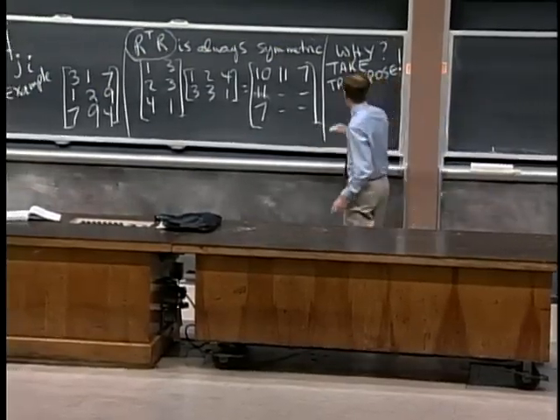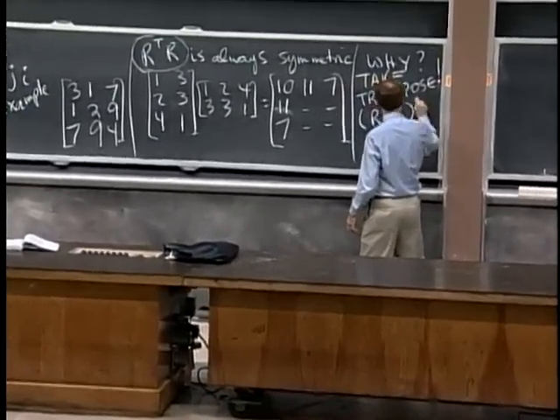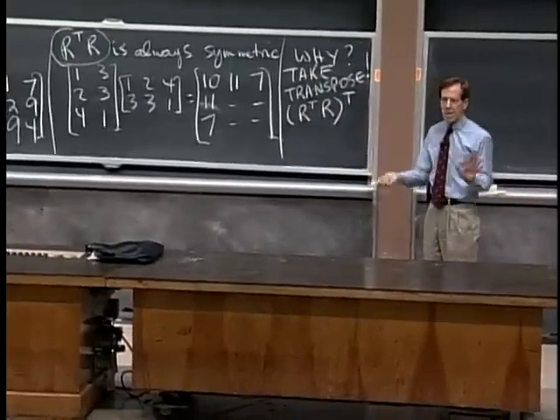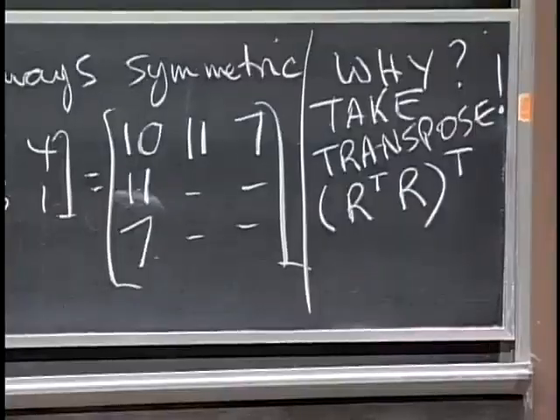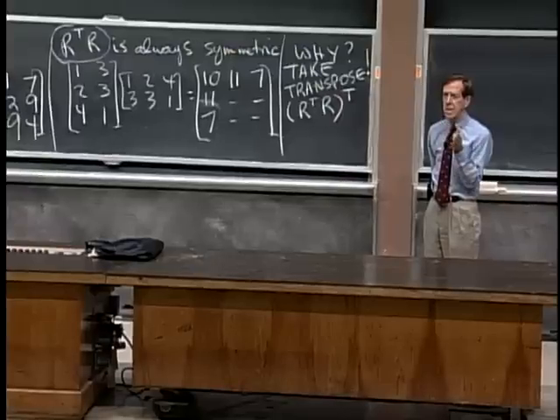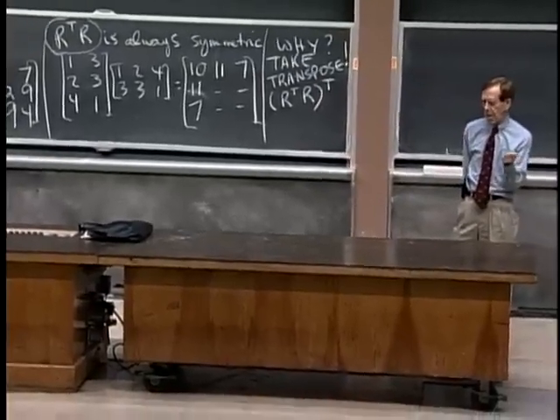Okay, so I take the transpose of R transpose R. How do I do that? This is our little practice on the rules for transposes. So the rule for transposes is the order gets reversed, just like inverses, which we did prove.